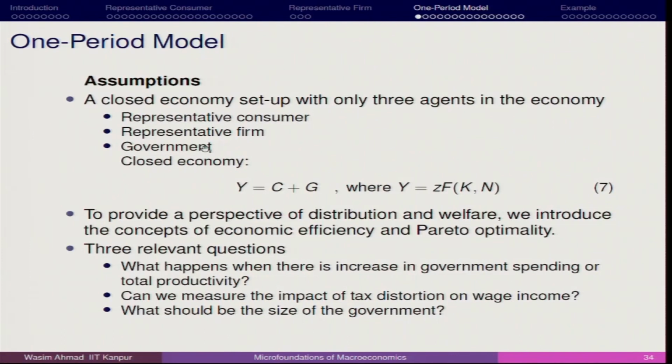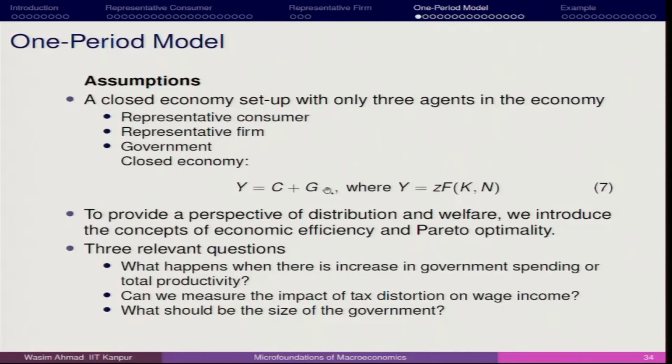Now, the government we have not defined, but we can easily assume the role of this government. It collects tax T from the representative agent, who pays the tax to the government as a lump sum tax. So, some amount of consumption good is being taken by the government, and the government will further use it for expenditure and those things.